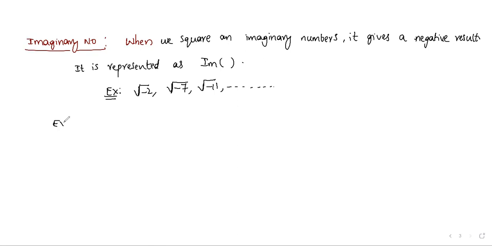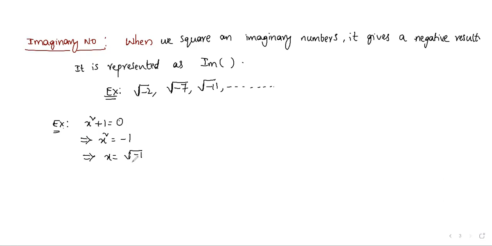And one more example, suppose we take the equation x square plus 1 is equal to 0. This can be written as x square is equal to -1. From this equation, we get x is equal to square root of -1. So here, the value x equal to square root of -1 cannot be represented on the number line.